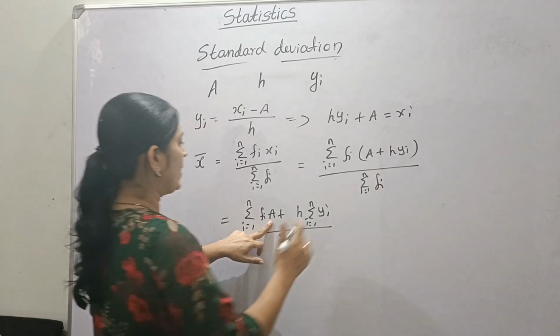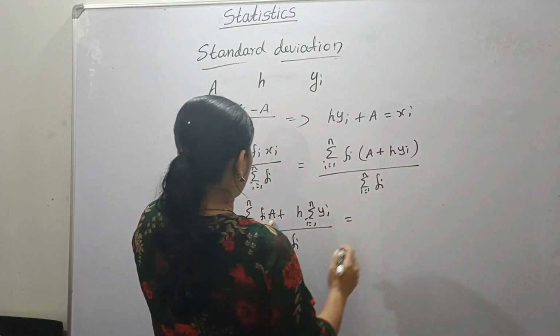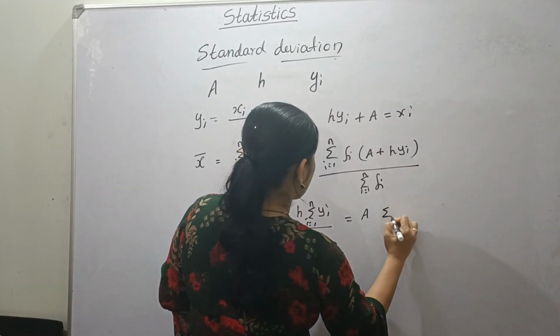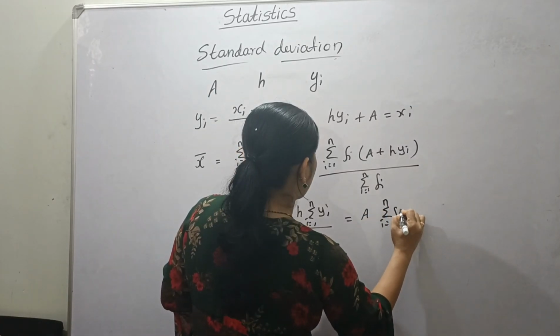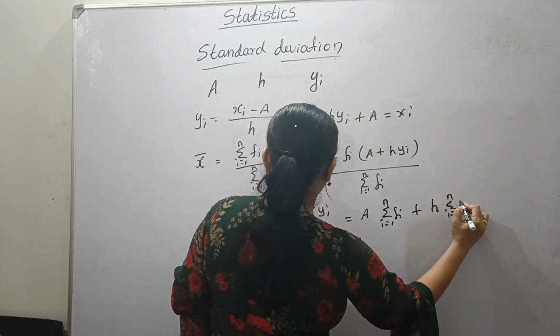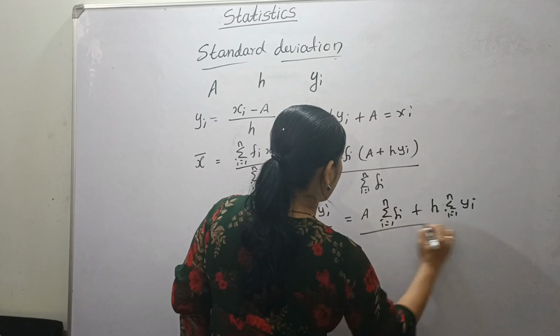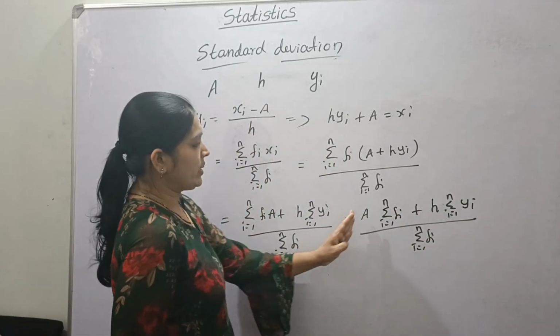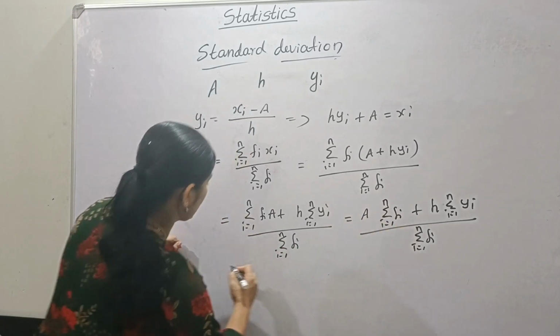Here a is a constant, so let us take it outside. Sigma i equal to 1 to n fi plus h into sigma i equal to 1 to n yi divided by sigma i equal to 1 to n fi. So here it will become a.